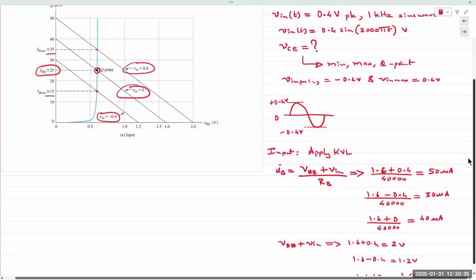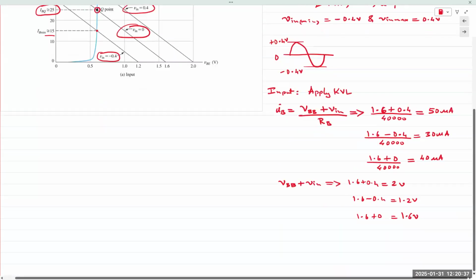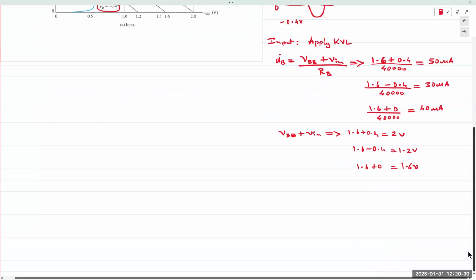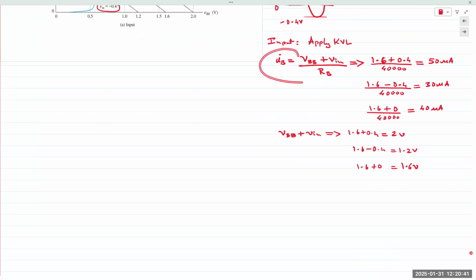All right. On the input side, let's apply KVL. We apply KVL, we obtain an expression for IB. IB would be VBB plus V in over RB. This is something we did in last class. So VBB is 1.6. If V in is 0, meaning the crossing between positive and negative half cycle, my center line is at 40 microamps.